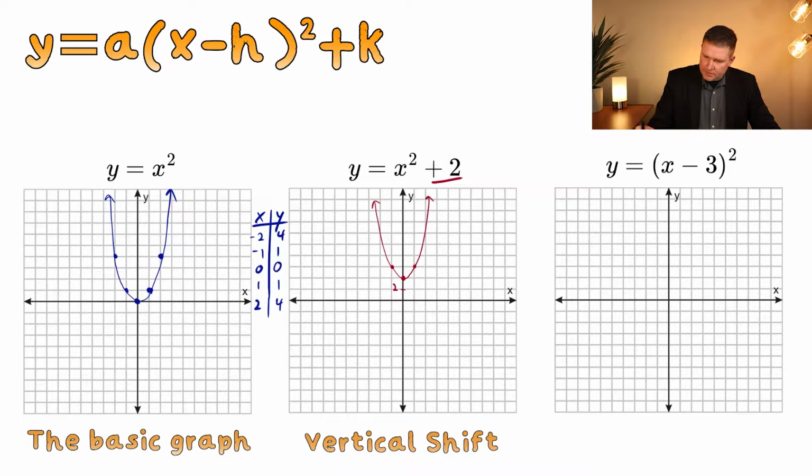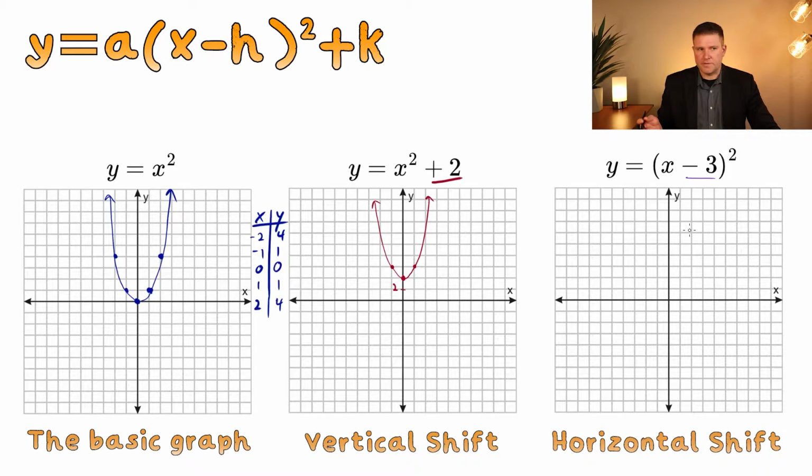And then over here, when we have (x minus 3) squared, if it's in the parentheses like that, then it's automatically a horizontal shift. And the thing you have to be careful of here is that the sign in here is always going to be the opposite of the way it shifts horizontally. So when it says -3, you might think it goes to the left 3, but horizontal shifts are opposite because they have a negative built into the formula, as you can see up there.